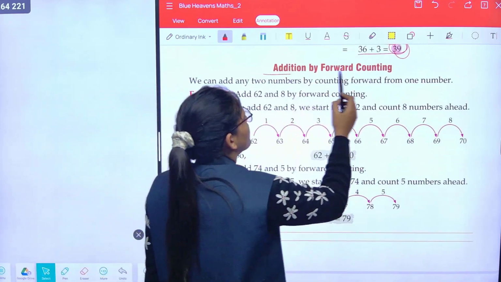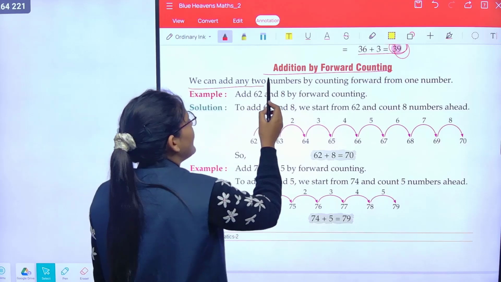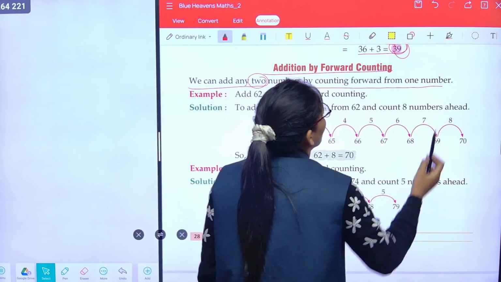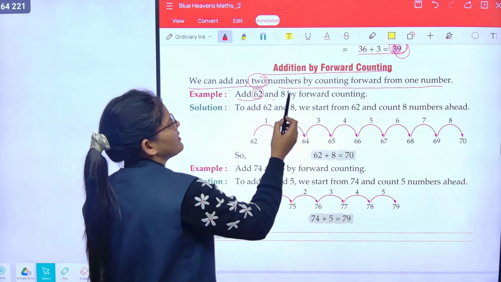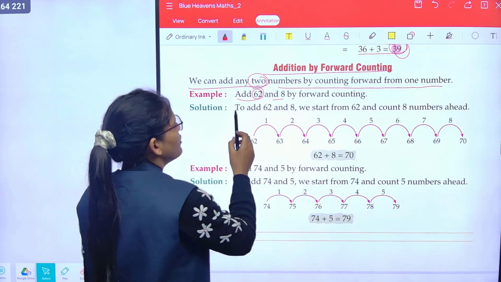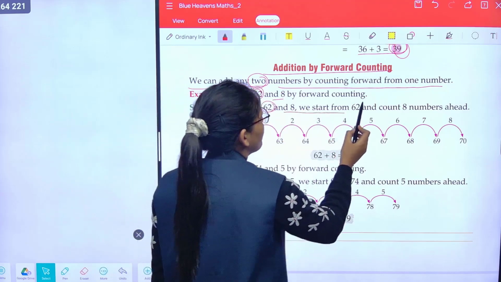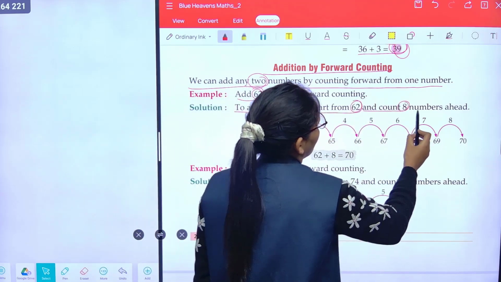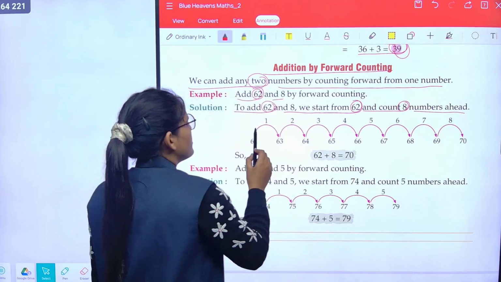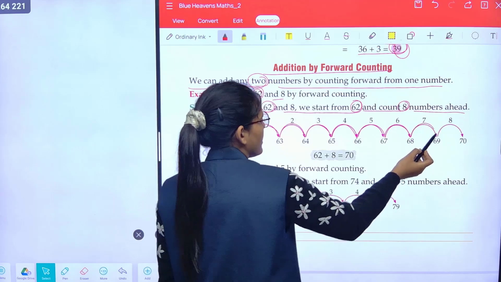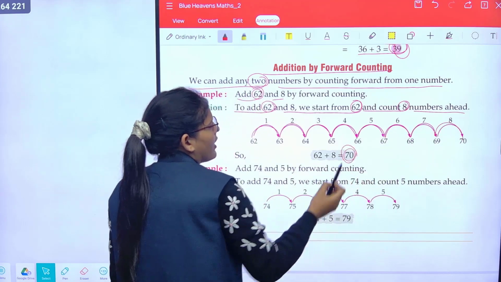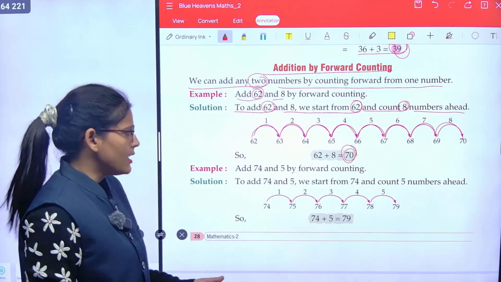Addition by forward counting. Now class, we can add any two numbers by counting forward from one of them. Example: add 62 plus 8 by forward counting. To add 62 and 8, we start from 62 and count 8 numbers ahead: 63, 64, 65, 66, 67, 68, 69, 70. So 62 plus 8 is 70.